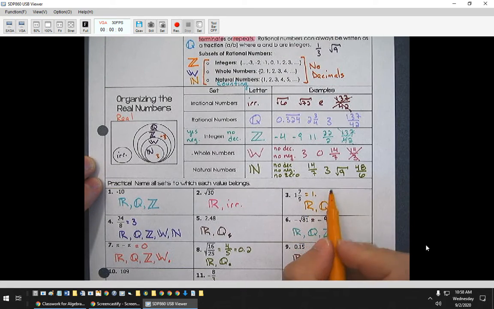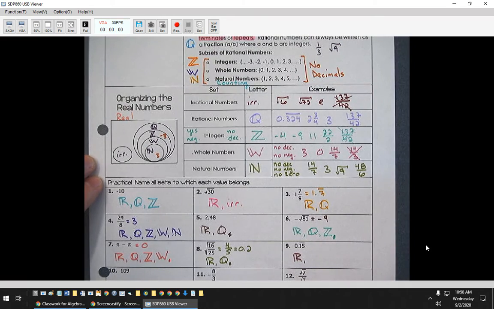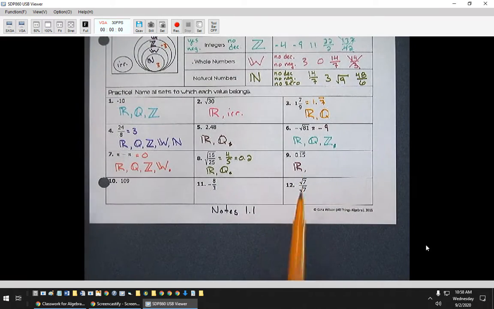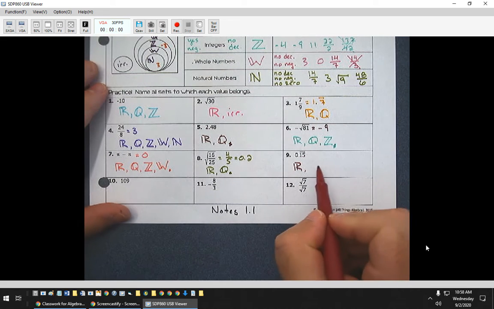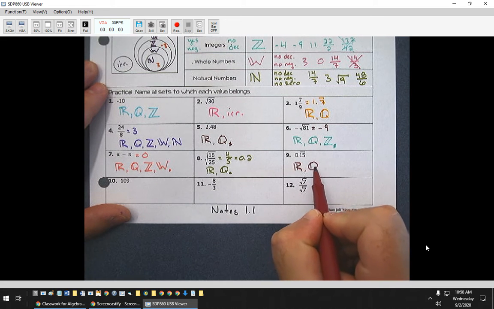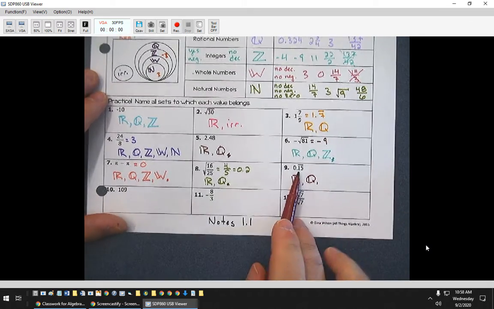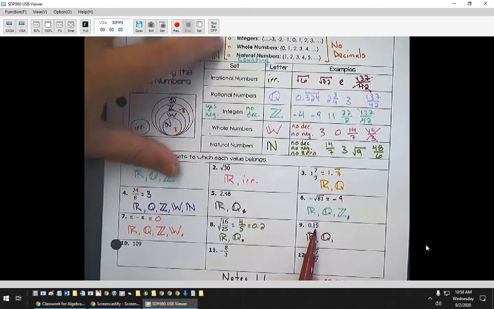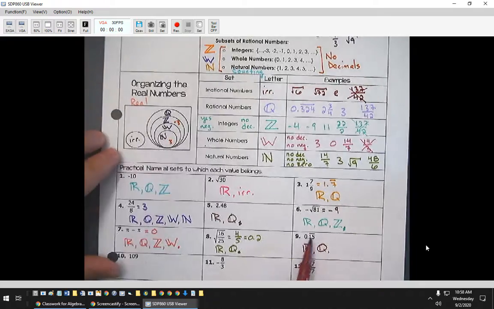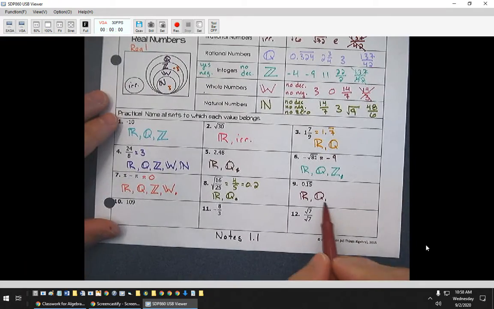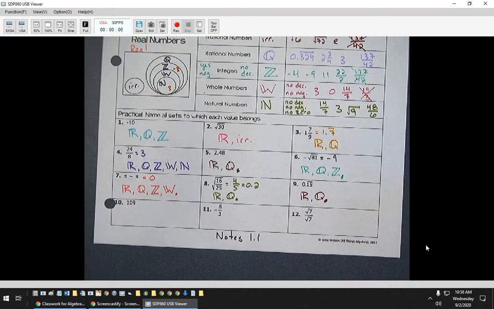This is 1.7 repeating. Okay, so down here they gave us 0.15 repeating. So as a decimal, that repeats. So if it repeats, then you're rational. But it is a decimal, which means none of these three can have decimals in them, so that doesn't belong to any of those.